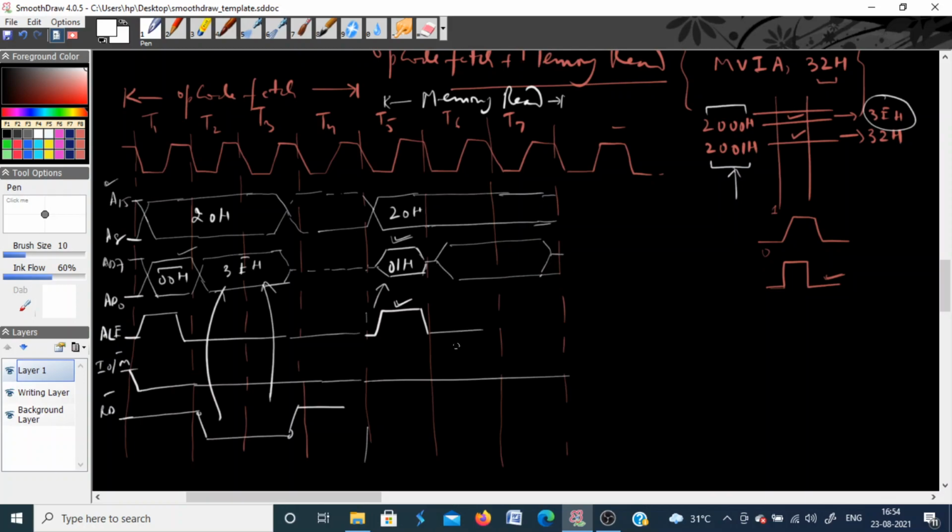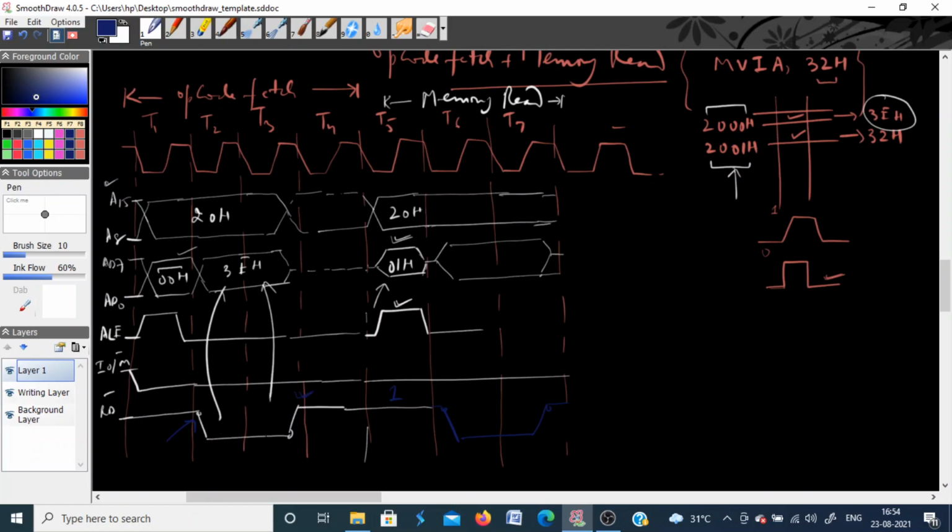So what the processor will now do, at the start of T6, it will again generate a control signal, that is read. It was at level 1 now. Initially during the opcode fetch, the processor activated this signal at the start of T2, the second clock period, and then it is again set to 1.